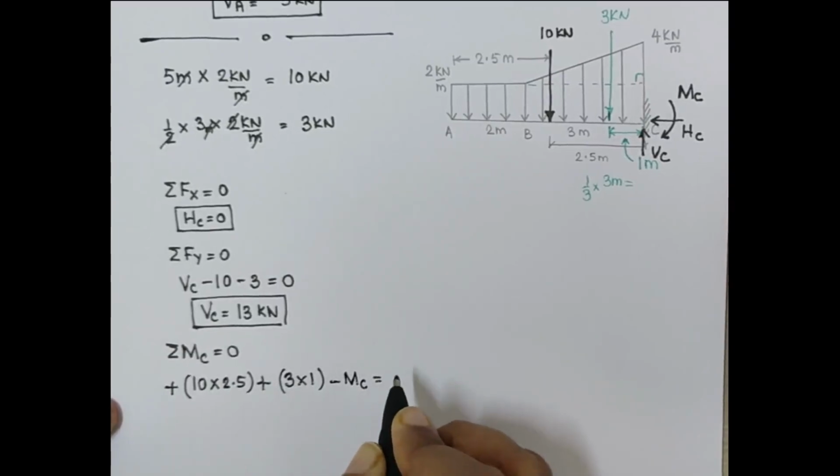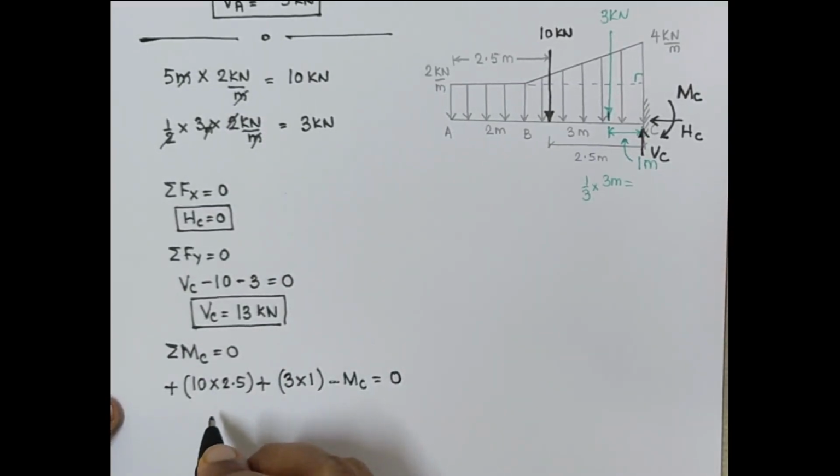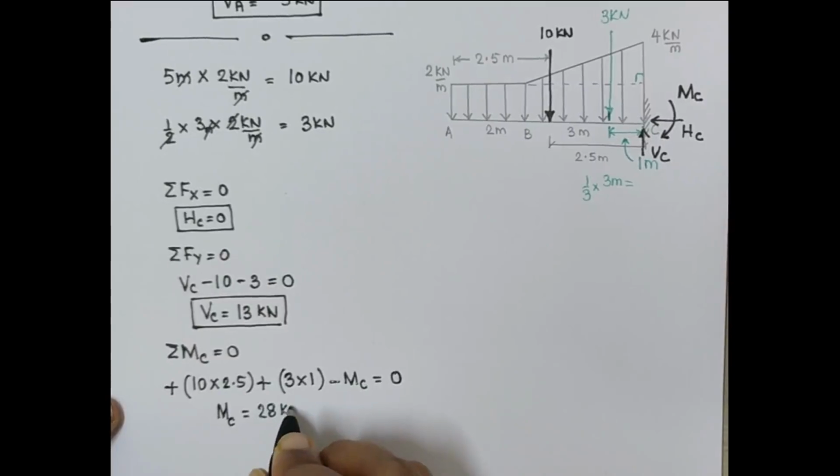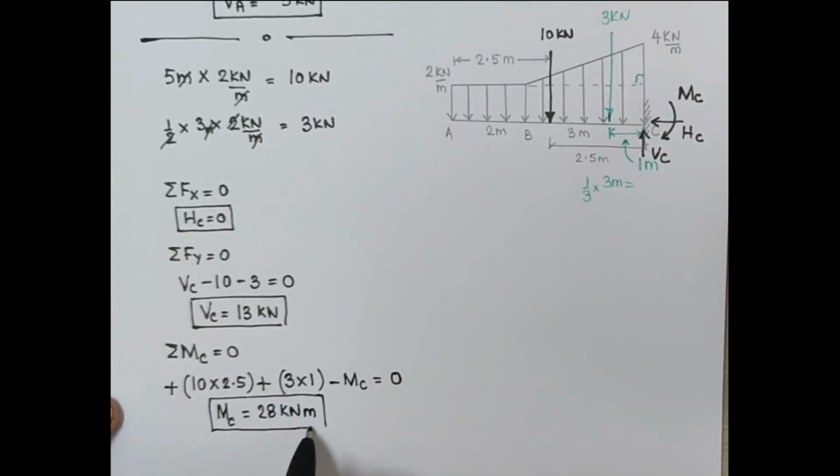There is no other force or moment, therefore we equate this entire thing to 0. Now what we get as the final answer is moment about point C is equal to 28 kilonewton meter. This is how we calculate the different reactions using the 3 equations of equilibrium.